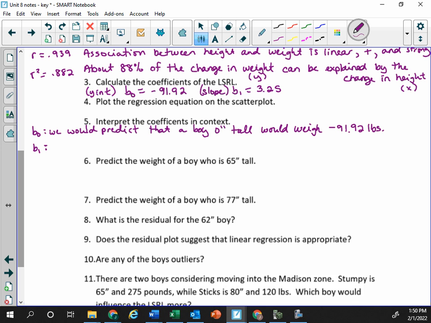Our slope here is 3.25. This is talking about, remember, slope is y, change in y over change in x. So it's talking about the change in weight related to the change in height. That's what the slope is dealing with.